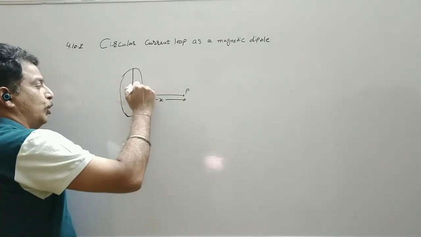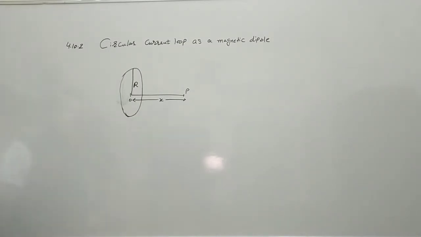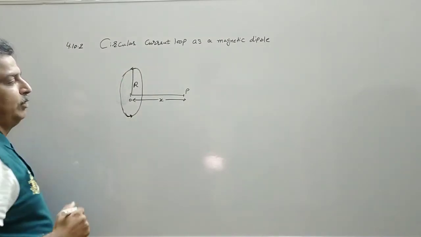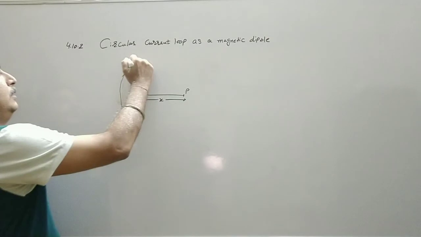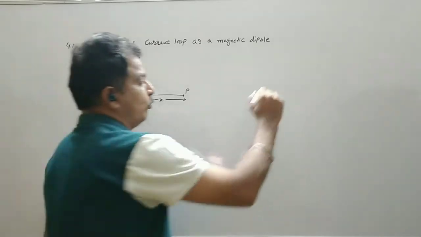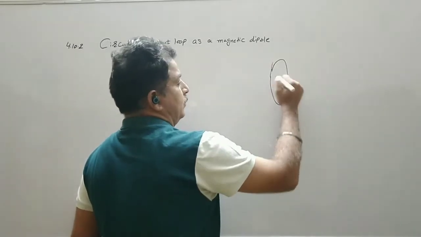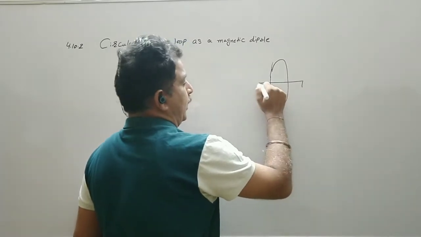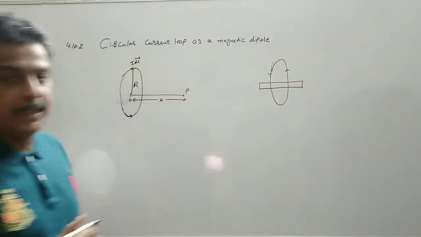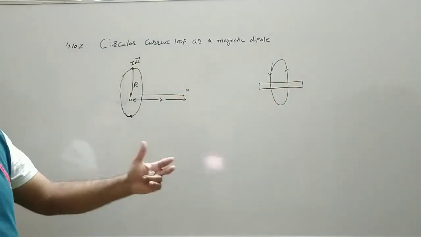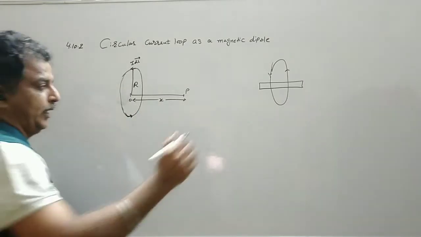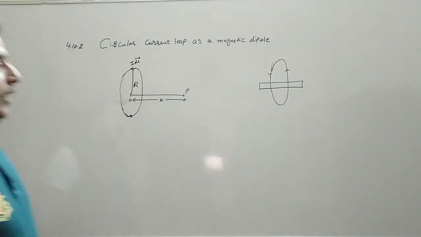The radius of the loop was taken as capital R. The method was, we considered two current elements denoted by I dL, and we know that if the current is flowing in an anti-clockwise direction, the face behaves like a north pole. In the next topic we will see that a current carrying loop behaves like a bar magnet, or a bar magnet can be thought of as a circular current loop. So there is an analogy between the bar magnet and a circular loop.